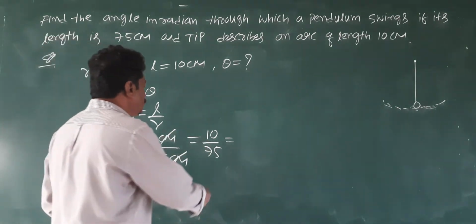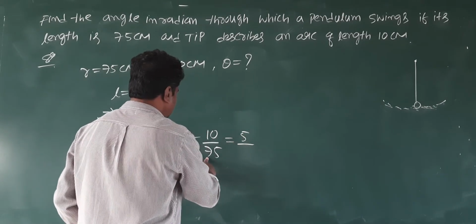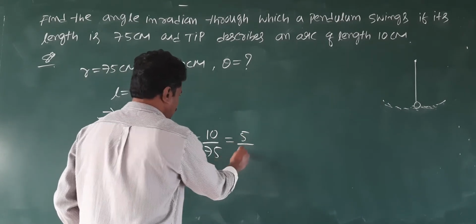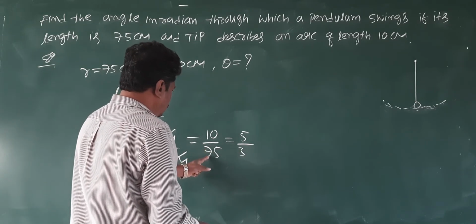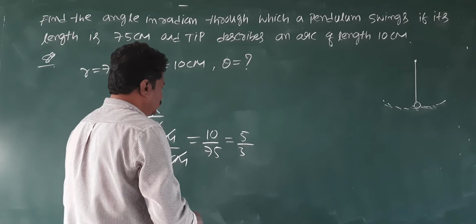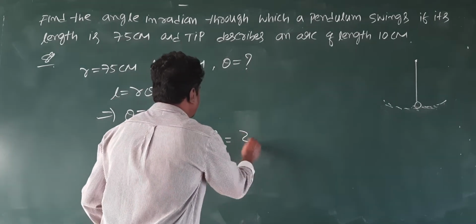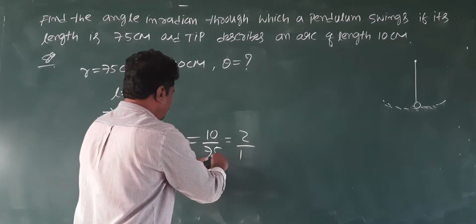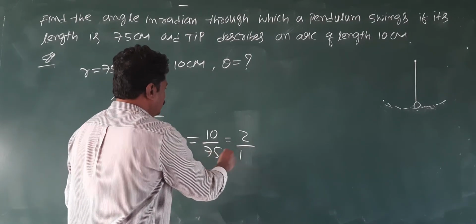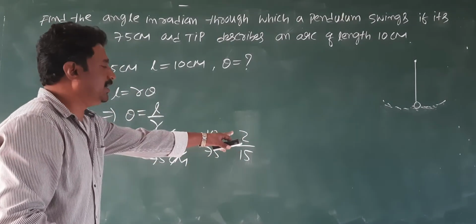Or you go for 5 2s are 10, 5 1s are 5, 5 5s are 25, so 2 by 15 radians.